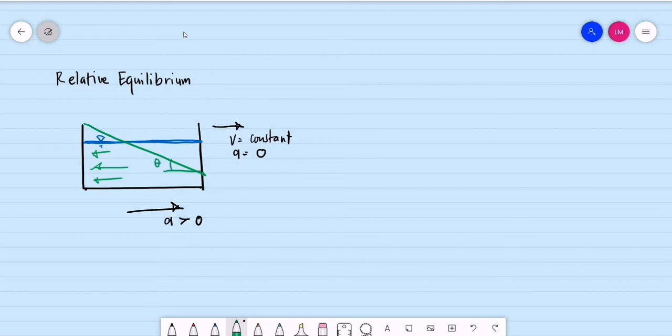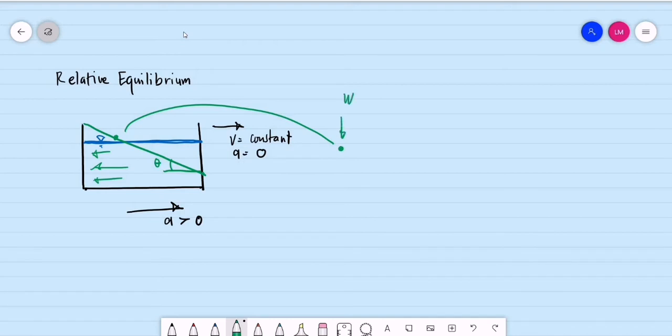Let's say theta. So for example, we are to get one particle of water or this liquid. This particle of liquid has its own weight.